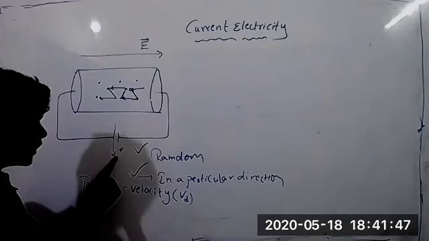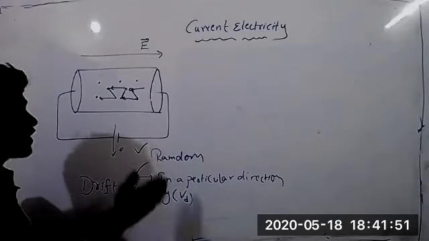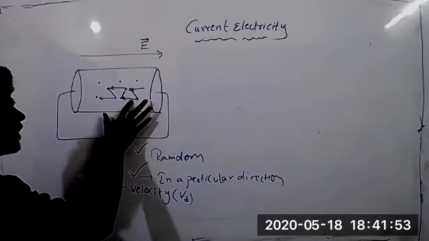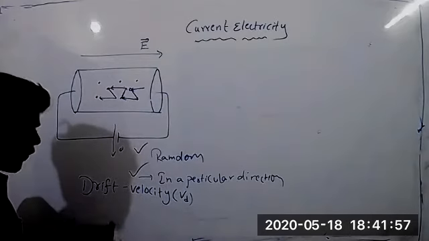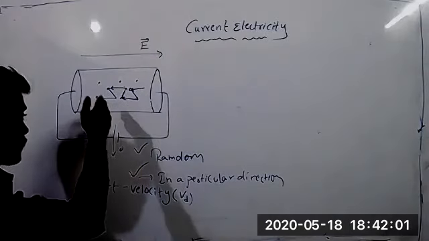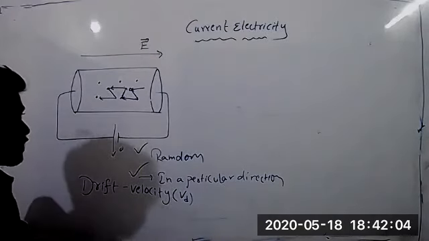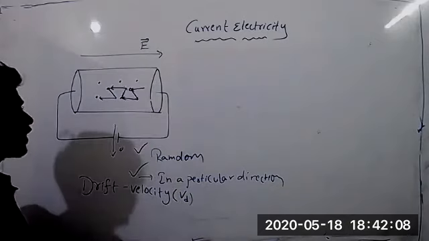Due to the potential difference, again it tries to get that velocity, and again it tries to accelerate. Again, it will strike with one more particle which is at rest and lose energy. Every time it happens like this in the conductor.